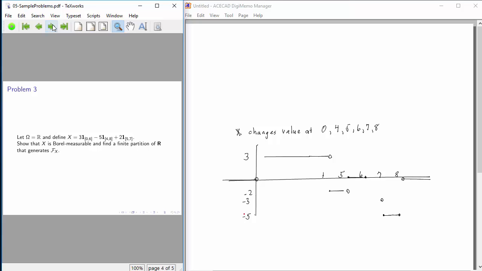And each of these level sets is a Borel set. It's a union of intervals. They may be open or closed. And let's write out what they are now.